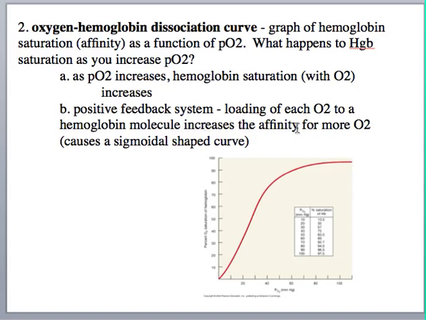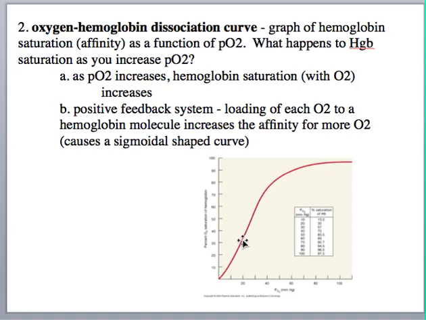Affinity means the attraction for more O2 molecules. So it causes this very steep curve that's shaped like an S. It's a very steep slope going from the very beginning, because every time a little bit of oxygen binds, that makes the hemoglobin even more willing to grab more oxygen.